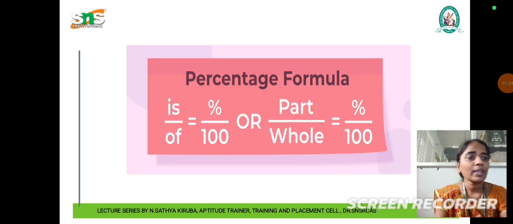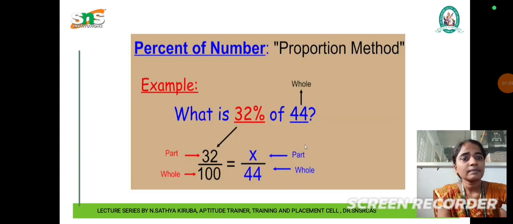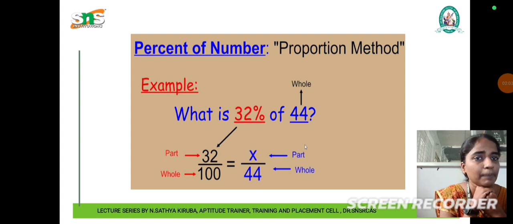Now, how can we calculate the percentage formula? That is by "is" and "of". Suppose your question is, what is 25 percentage of 100? You can have the value which is near to "is" in your numerator, and the value which is near to "of" in your denominator. As we always say, part by whole is equal to x percentage by 100. Now, for example, this is a proportion method.